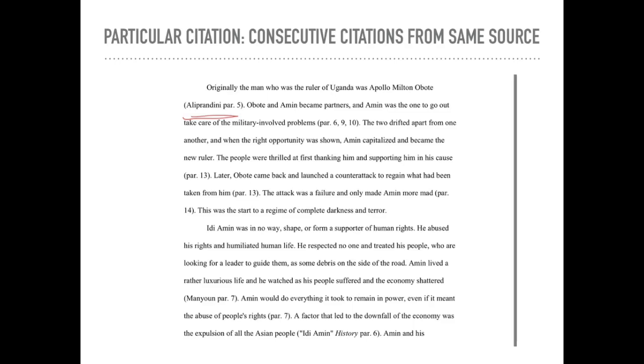If you're giving consecutive citations from the same source, then on a second citation, you leave out that first element and you just give me the paragraph number. So all of this information, all these citations came from the same article, and I could tell it was from the same article when he left this name off again.